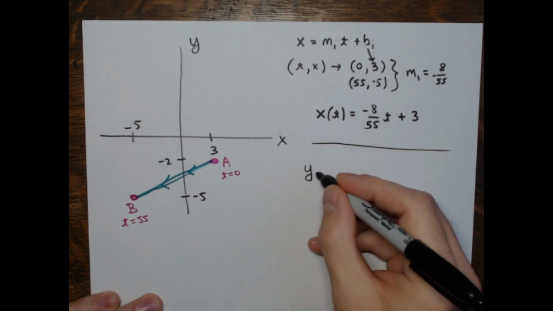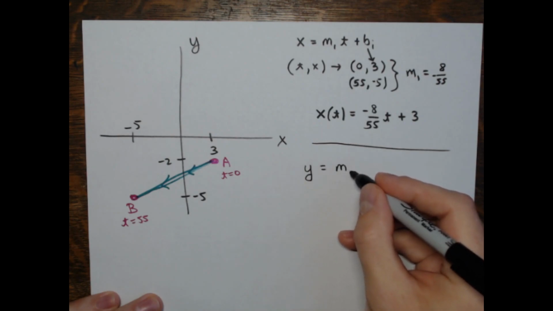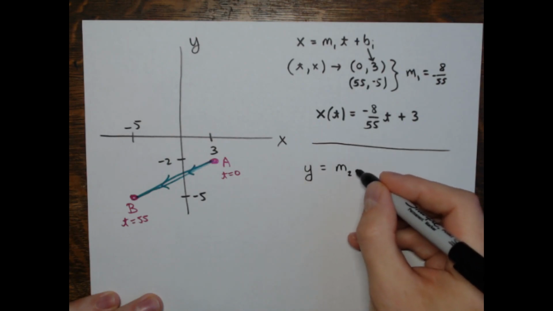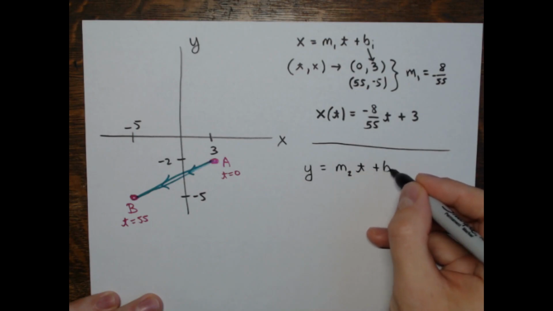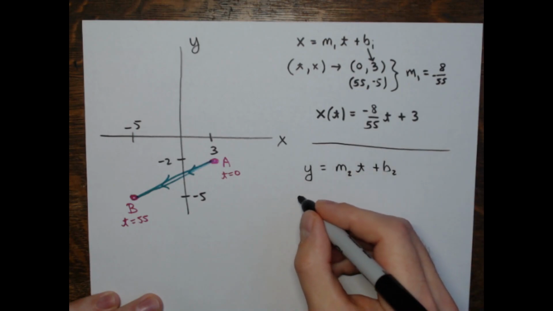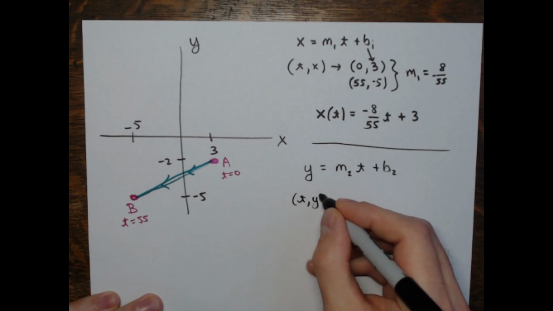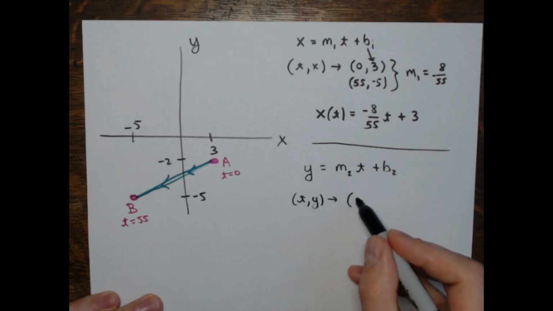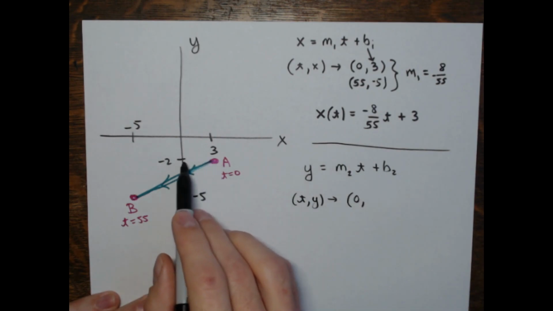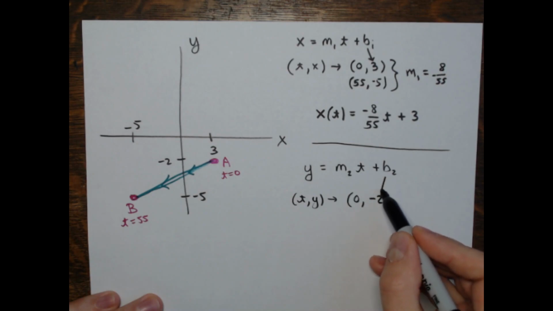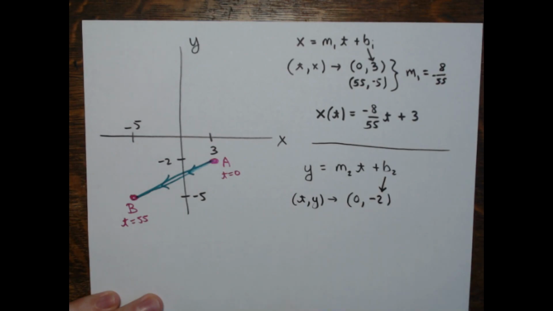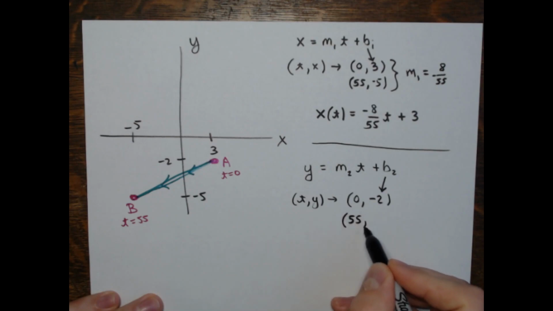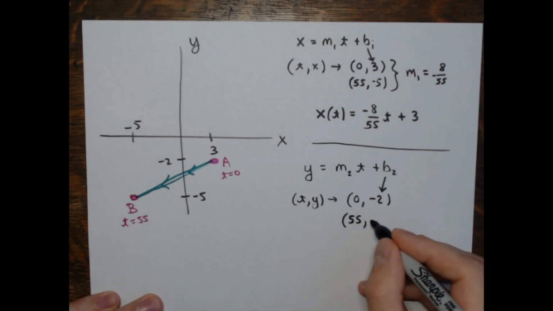And then same thing for y. Y is going to be, I'll put it in slope-intercept form here, m2 times t plus b2. And when I find pairs that satisfy this, we want when t equals 0, the y coordinate to be -2. So that's going to be my b2, -2. And we would like also when t equals 55, the y coordinate to be -5.